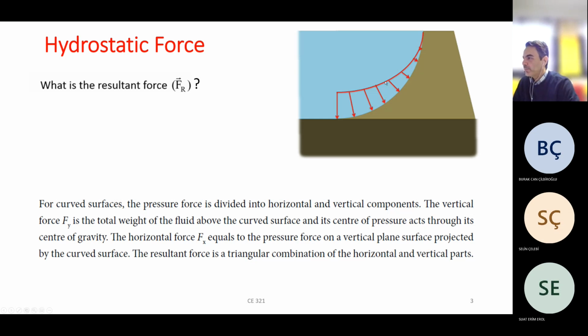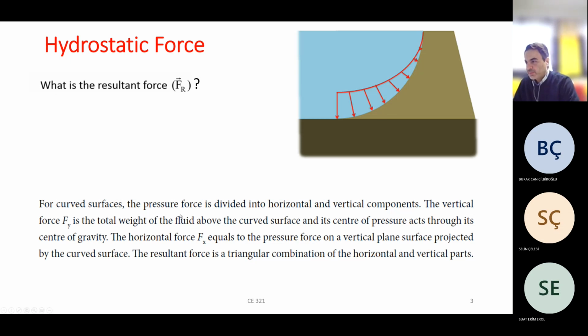Then when you connect all these points and draw the pressure distribution line, you will see that this line is not linear. Therefore, you cannot easily find the area under this pressure diagram. This is why we first try to find the horizontal and vertical components of the resultant force, and then we can find the resultant force.